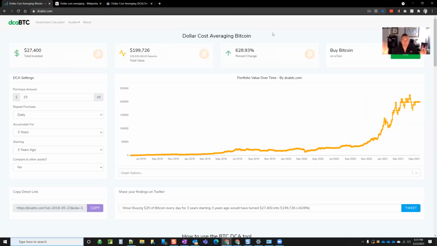Example, you could do a crypto for college type of account, and you could set up recurring purchases with the Coinbase links that I have, with OKCoin, with Voyager, with Gemini, with crypto.com, all the big exchanges, the more legit exchanges, Binance US, they all do recurring purchases like this.